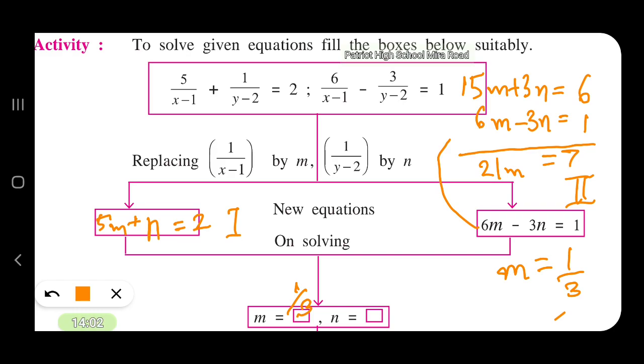If we substitute m is equal to 1 upon 3 in equation 2, we have 6 into 1 upon 3 minus 3n is equal to 1.